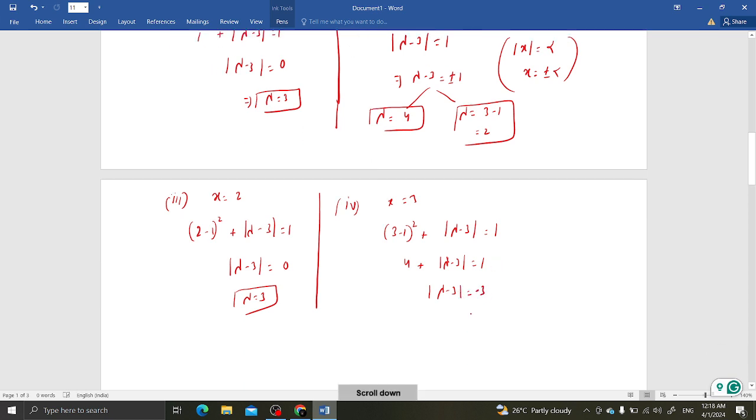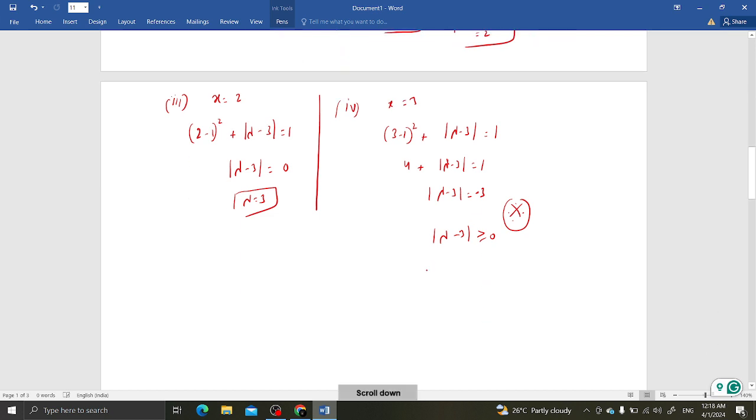But we observe that this is not possible. Why so? Because the mod function is always greater than or equal to 0. So here it is not possible. It means x is not equal to 3, 4, 5 and so on. From here we get only 0, 1 or 2 as integral solutions on the right side.